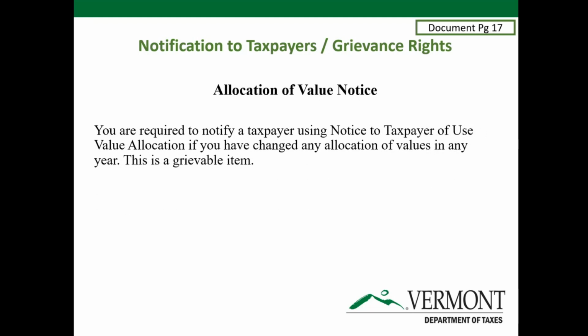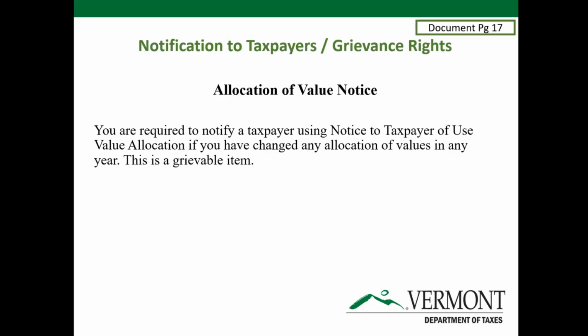All right, so I covered this on the last slide. I apologize. So again, we have that change of assessment or change of appraisal notice that's sent out. So then we also have the notice to taxpayer of use value allocation. These are required to go out if at any point your allocations have changed.